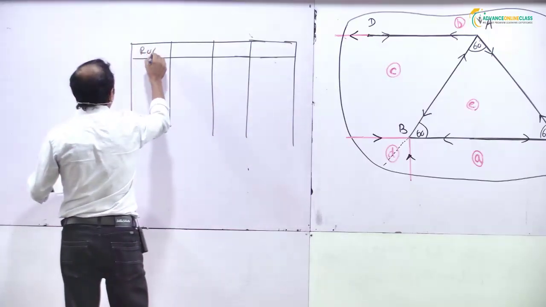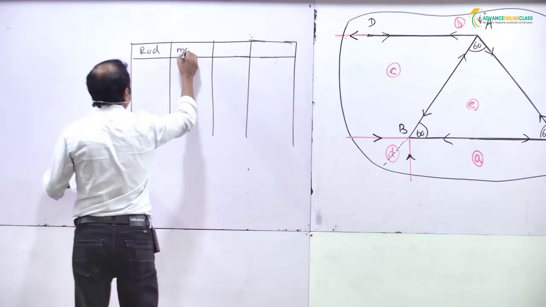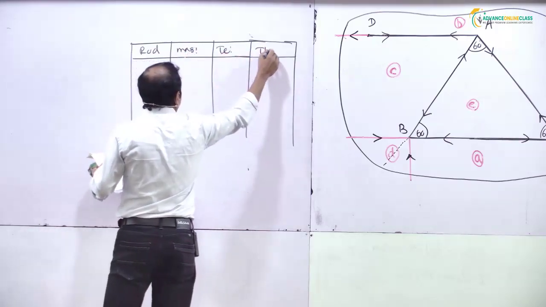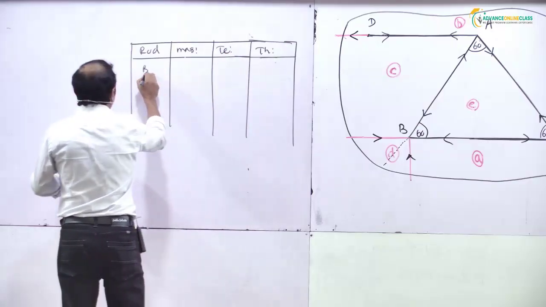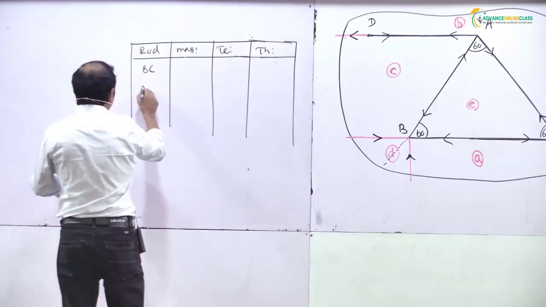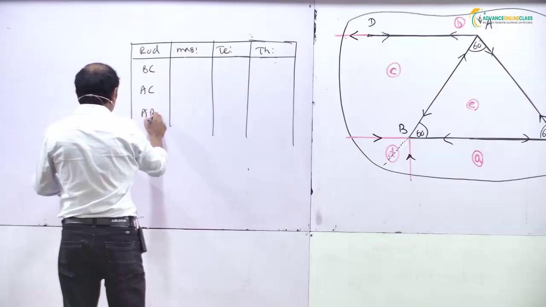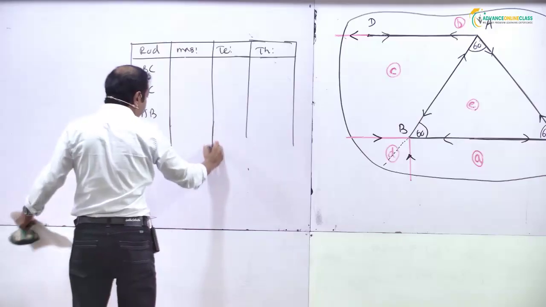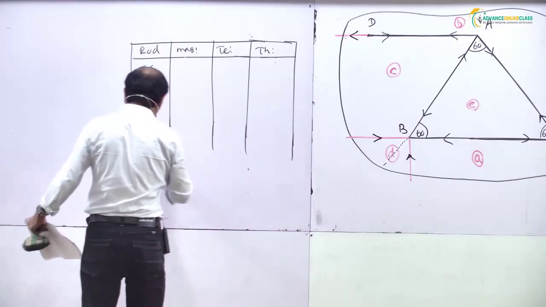Rod, magnitude, tension, thrust. BC, AC, AB, AD. Okay.